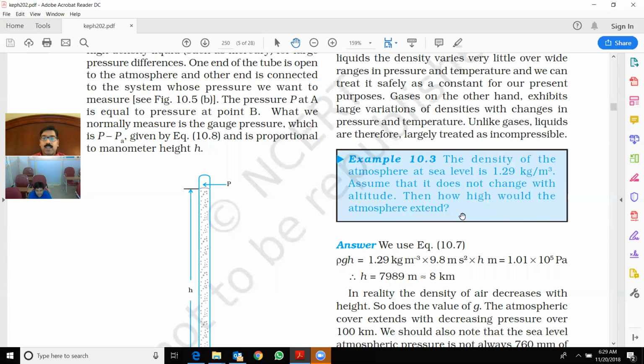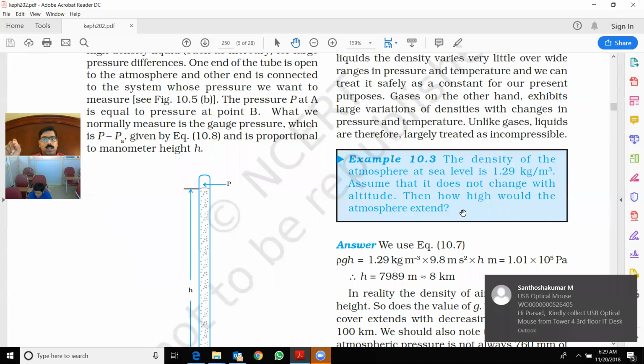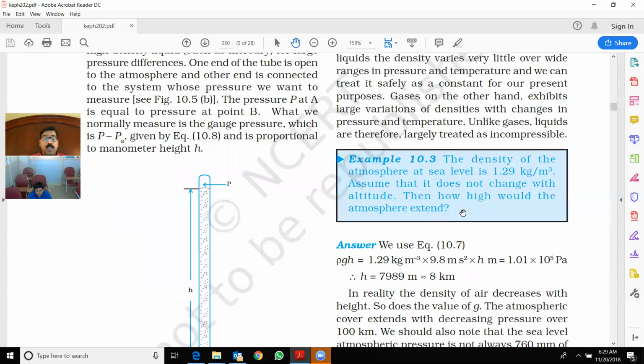Okay, so what is being asked here is, the density of atmosphere is 1.29 kg per meter cube. Now you tell me, what is the height of the air that causes this much pressure? So you know what is the atmospheric pressure at sea level.